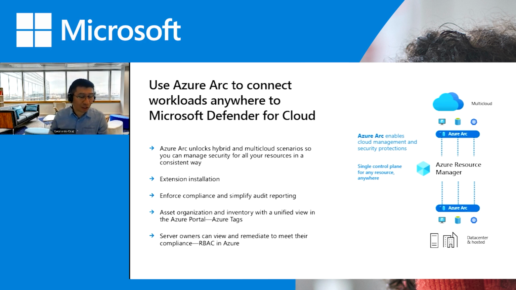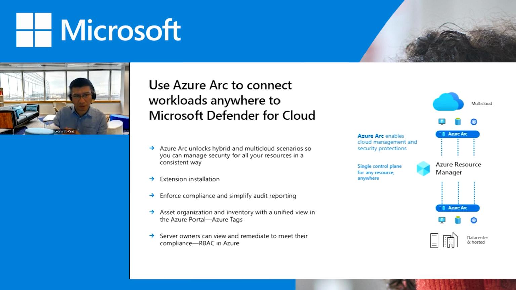But when we are talking about, it's more technical, deploying or protecting servers that are not on Azure, that are on premises or in other clouds, we need to use another component of Azure called Azure Arc. At this point, we don't need to talk much more about how it's deployed, but Azure Arc is not only to protect the servers.